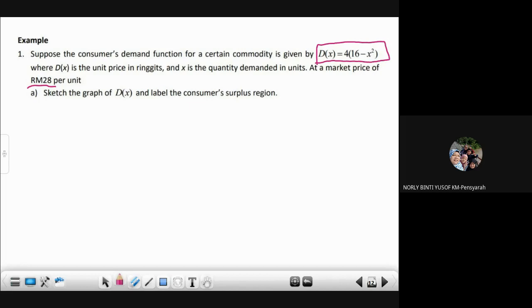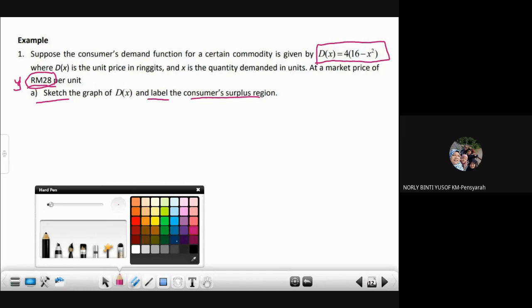Itu adalah nilai Y. Sebab market price of 28 ringgit per unit tu adalah nilai Y sebenarnya. This is your Y value. Kena tahulah. Okay, so the question asks you sketch the graph of demand function and label the sketch. Lepas tu label region dia. So ada benda dia suruh buat tu kenalah label. Jangan sketch saja. So kita sketch lah graph kuadratik kita.